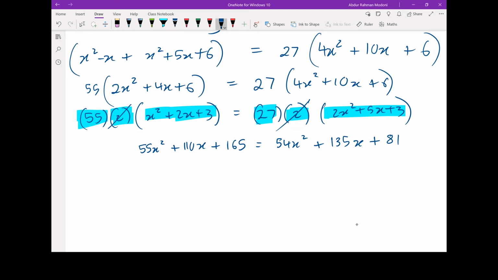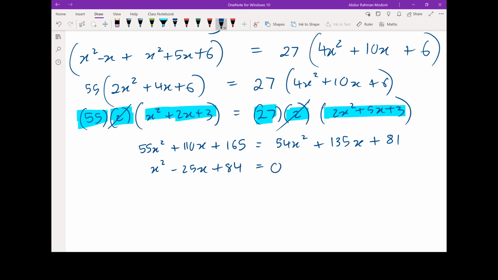Yeah, so 55x squared minus 54x squared, I'm going to get x squared. So I've subtracted the 54x squared from both sides, minus 25x, and then 165 take away 81 plus 84, which is equal to 0.